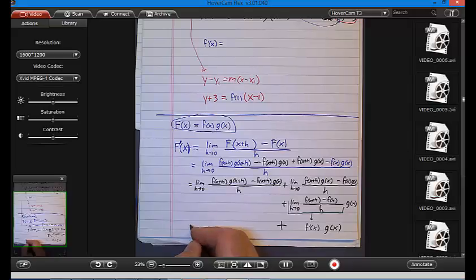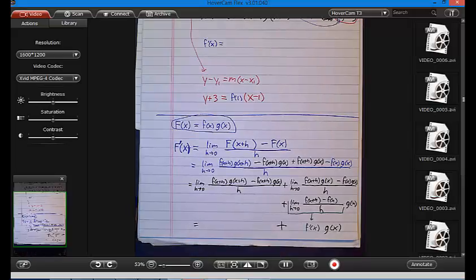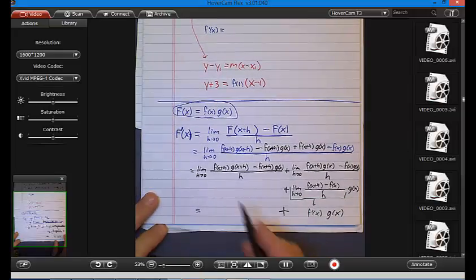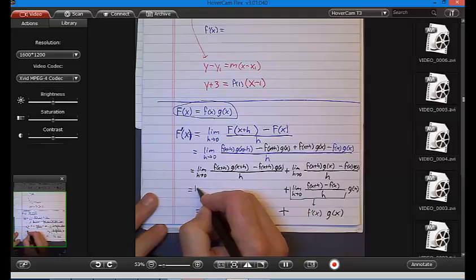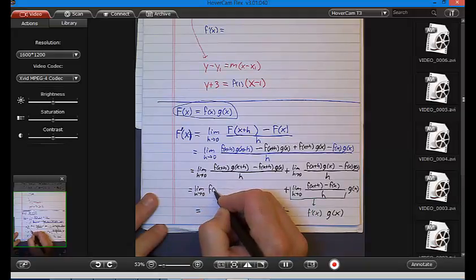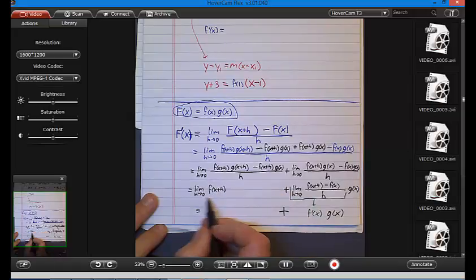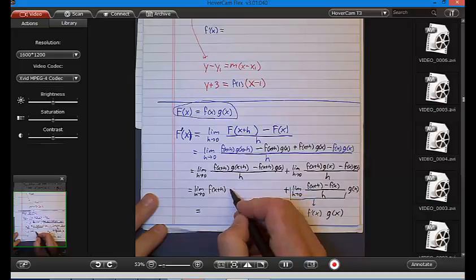So if you do that, you now have the limit as h approaches 0 of f of x plus h, okay, times the limit as h approaches 0, here I'm using the fact that the limit of the product is the product of the limits, and what are you left with? G of x plus h minus g of x all over h, right? So what just happened?